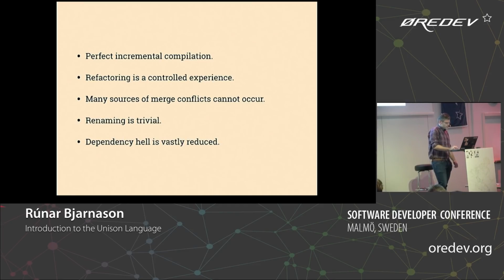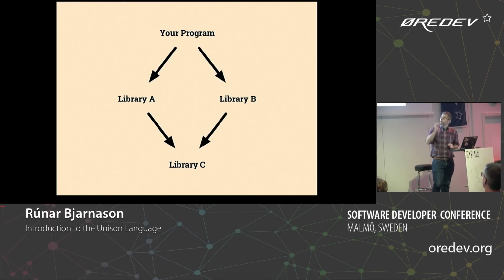Okay. And so also, dependency hell is vastly reduced. So many situations that contribute to dependency hell just simply don't arise in the Unison codebase model. Let me show you the dependency hell situation real quick. Most dependency hell situations come up because of the diamond dependency problem, right?